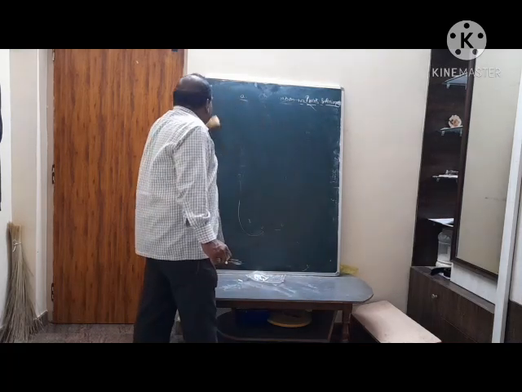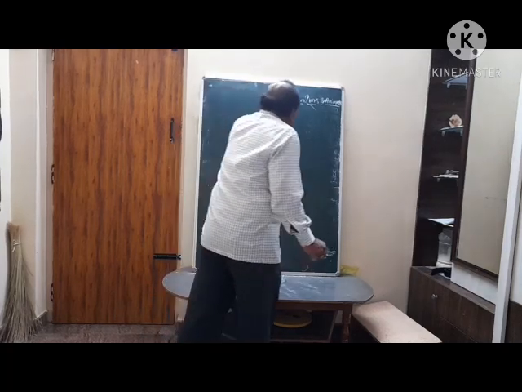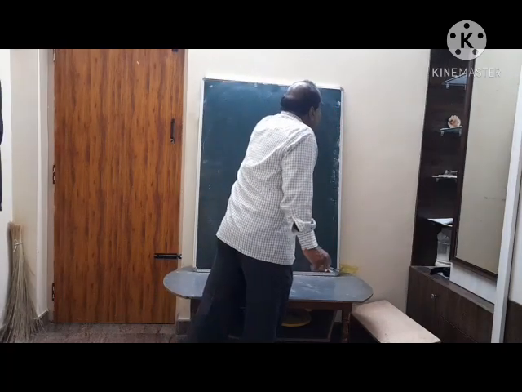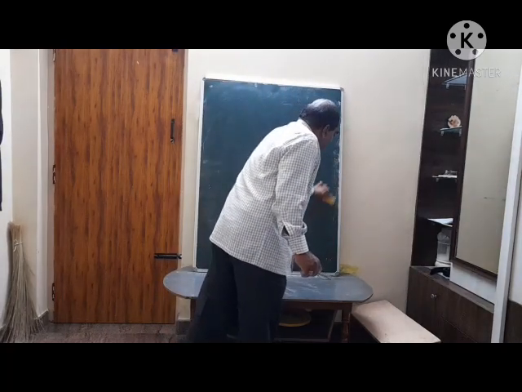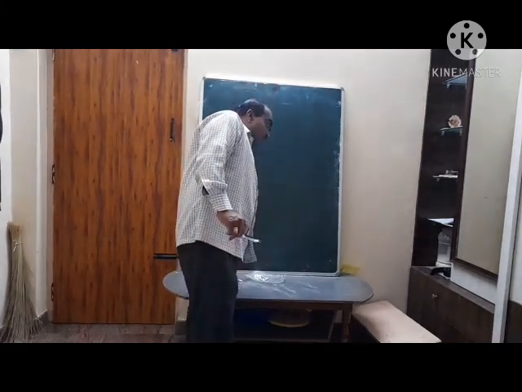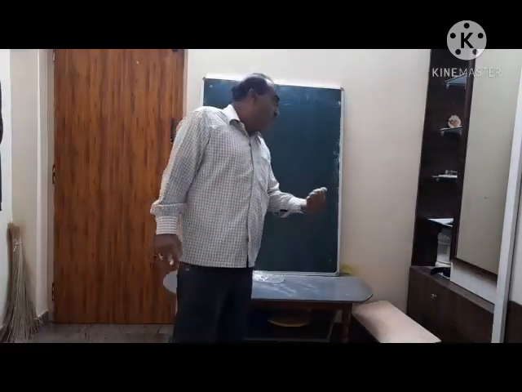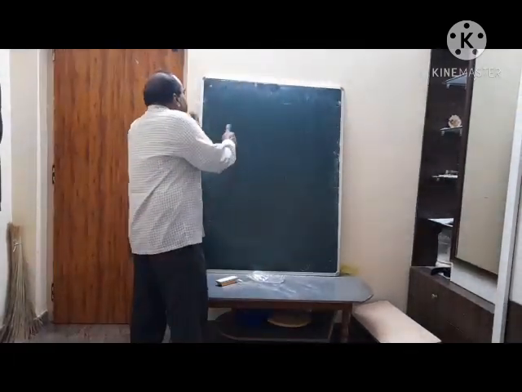Exocrine glands are not involved in the irritability process. The endocrine system is a part of the irritability process, because irritability takes place in two ways: one is the nervous system and the other is the endocrine system.